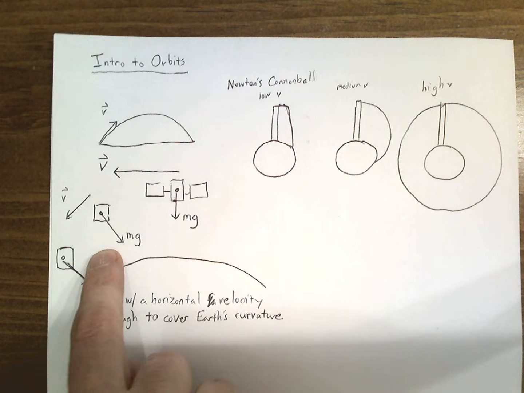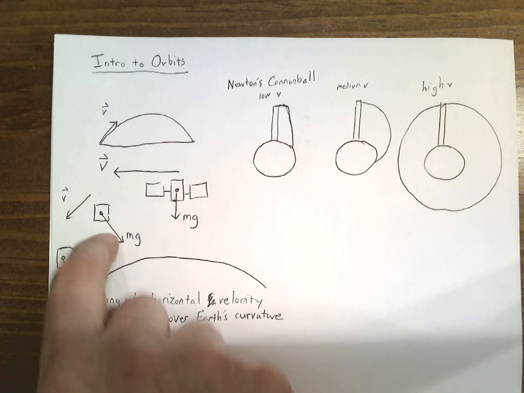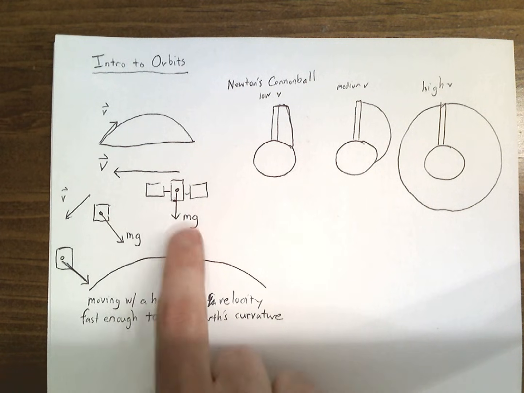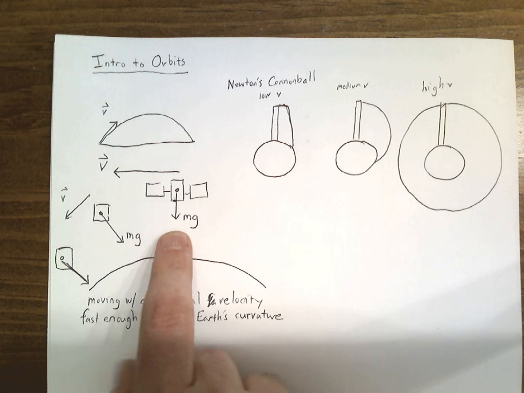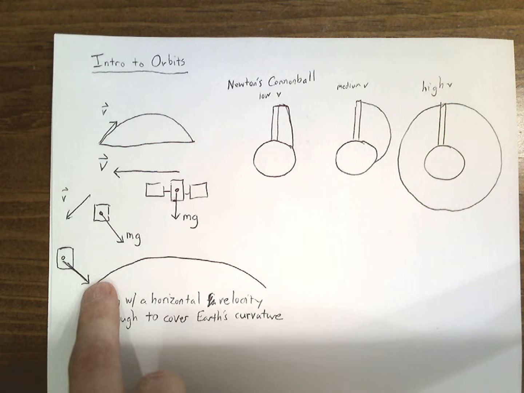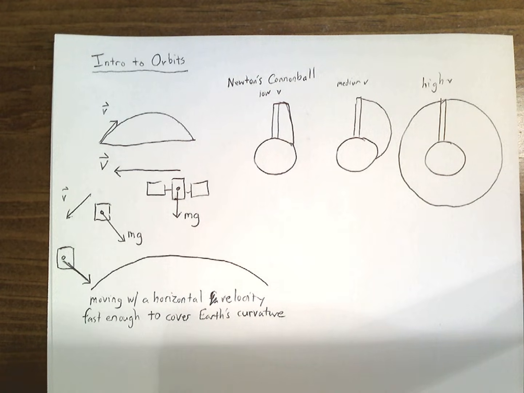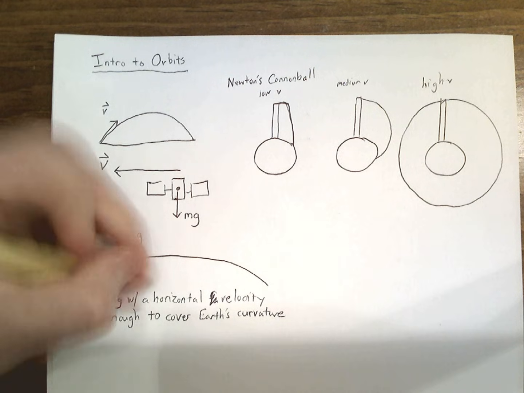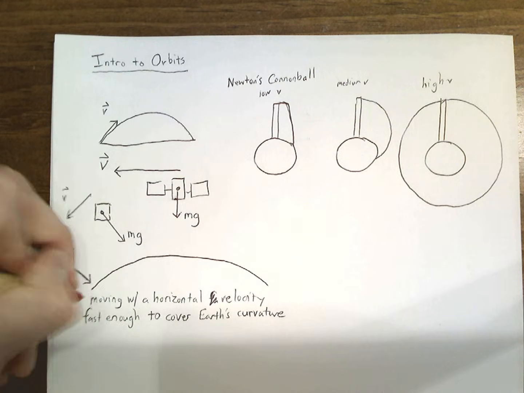As you move around that curvature, gravity points to the center of the Earth, which is no longer directly down as we drew it originally. That down vector keeps changing its direction. And if there's no real meaning for down, if you're moving fast enough that down keeps changing for you, you don't fall down. You maintain your elevation, and that is what we call an orbit.